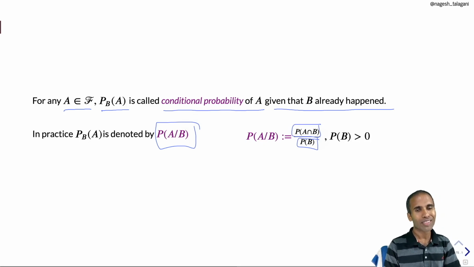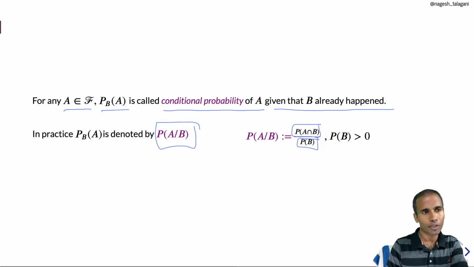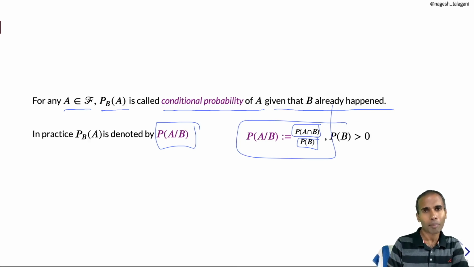So this is the conditional probability definition. This is how we update the probability of an event when you know that some event already happened. This is the definition of the conditional probability of A given that B already happened.